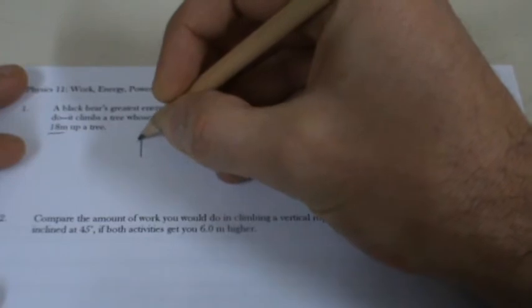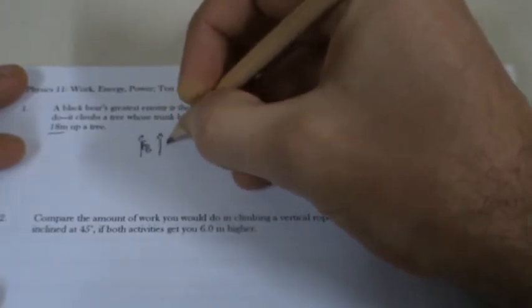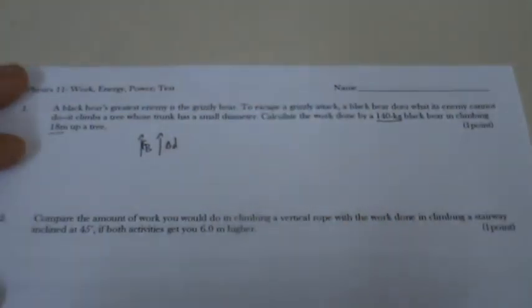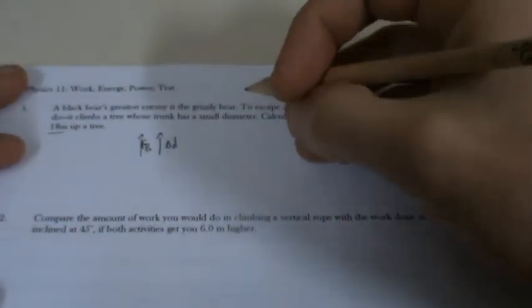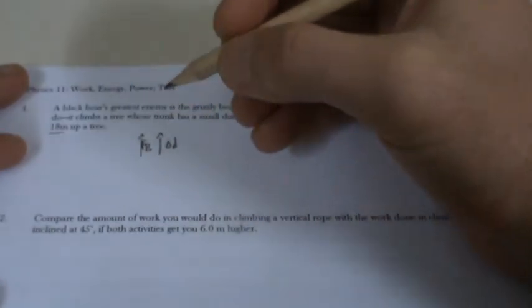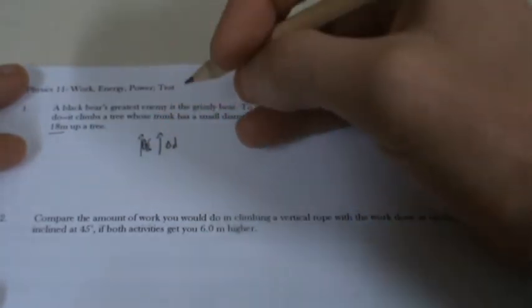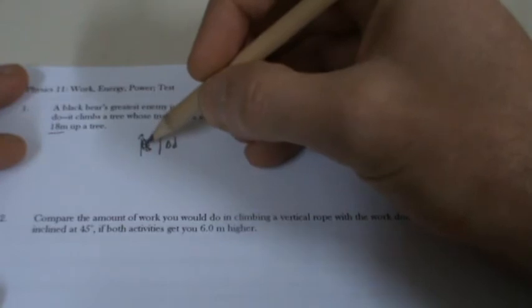So this is essentially the force of the bear, and this is also the displacement of the bear, and they're both up. The force of the bear is actually in the form of energy, so you don't want to think of it in terms of force.